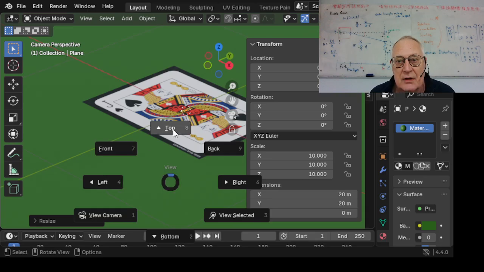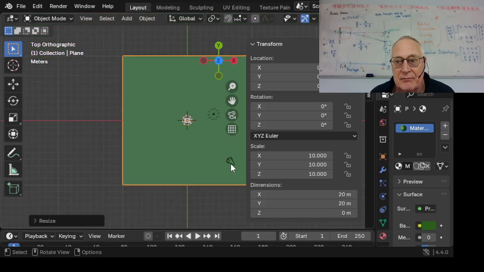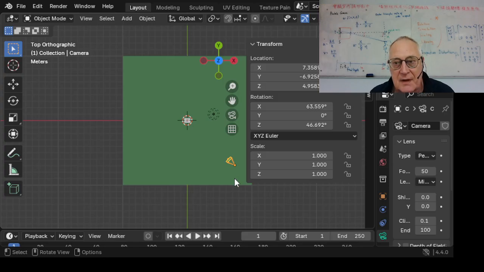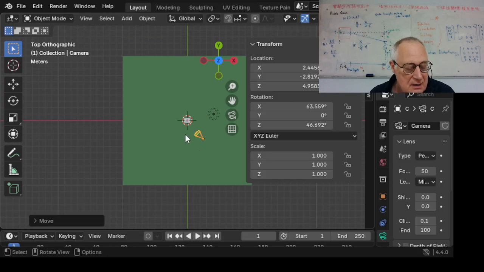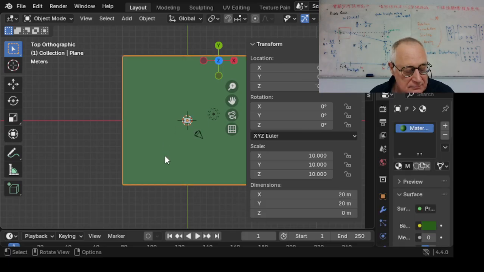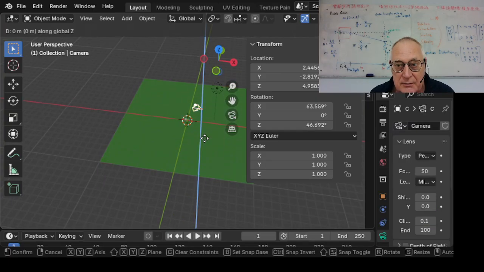Now just look at the top, find the camera, and camera navigation. I can move the camera a little bit closer, and then bring it down a little bit.